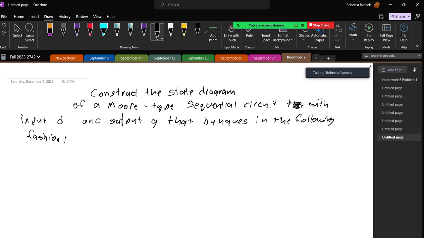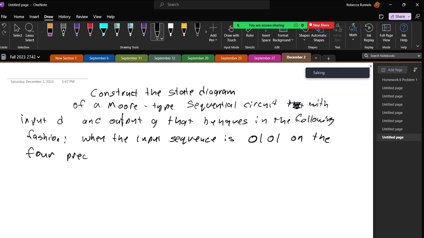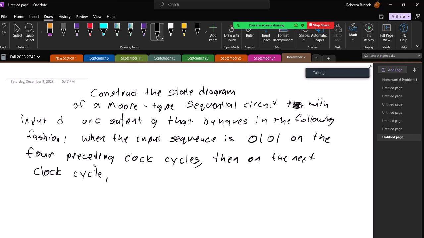When the input sequence is 0, 1, 0, 1 on the four preceding clock cycles, then on the next clock cycle, output G is 1. Otherwise, G is 0.